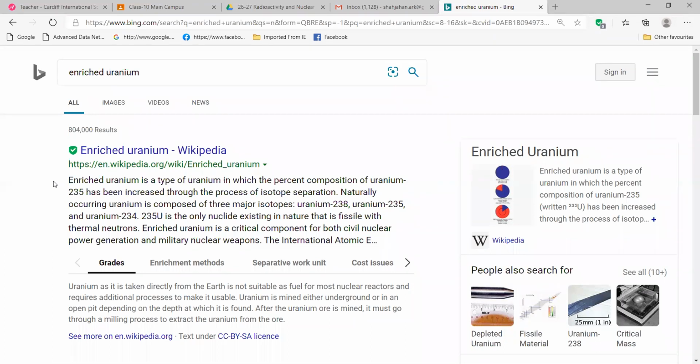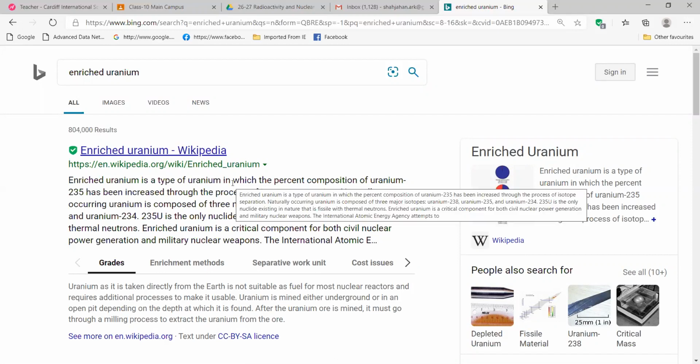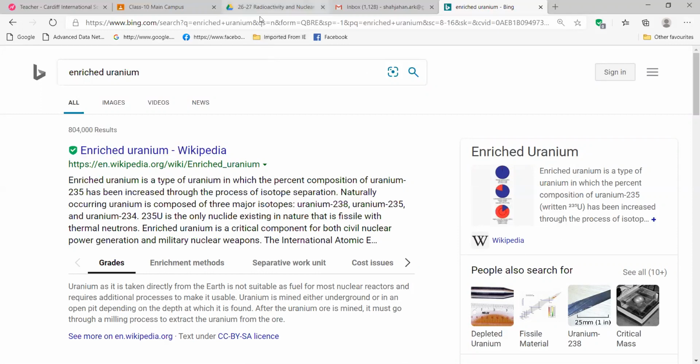That means the neutrons we are giving for the nuclear reaction work better with uranium-235. That's why we are increasing its ratio. We do not need to discuss here how to enrich it, but at least you got the idea of what enriched uranium is, where there will be a greater ratio of uranium-235.